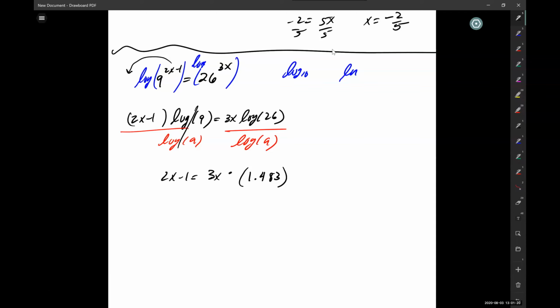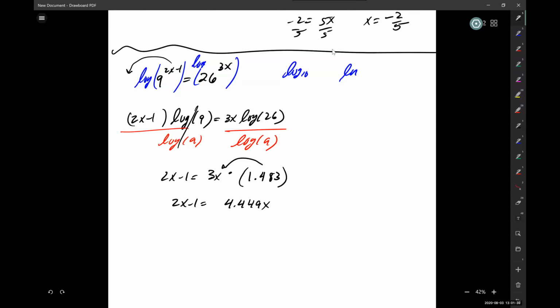So now we can just multiply that in. Say 2x minus 1 is equal to 4.449x.